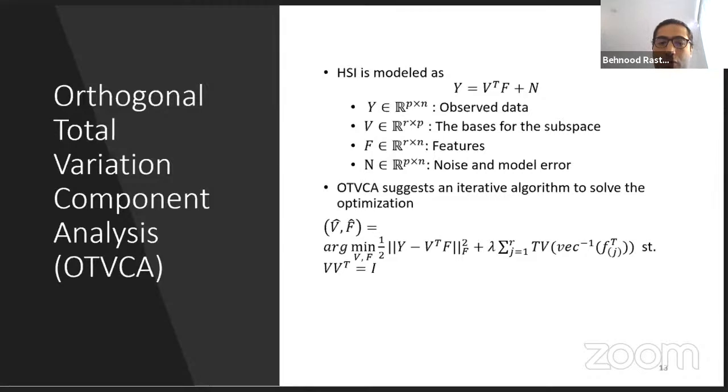The total variation penalty basically promotes piecewise smoothness on your features, and considerably helps to improve the classification accuracy.